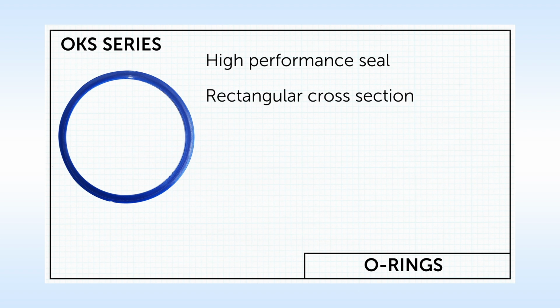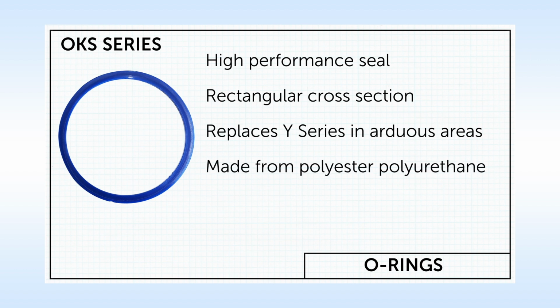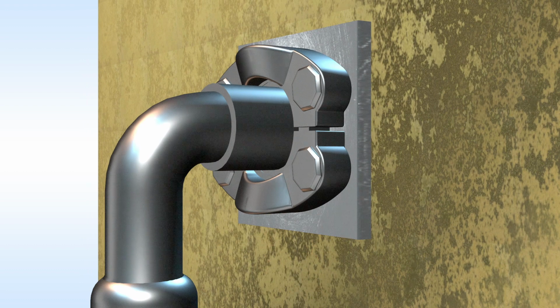This seal has a specialised rectangular cross-section and can be used to replace the Y series O-ring for use in arduous areas. These are manufactured from a polyester polyurethane material having a working temperature range of -30 degrees Celsius to 100 degrees Celsius. If a split flange is installed incorrectly, the O-ring will fail, resulting in an oil leakage.